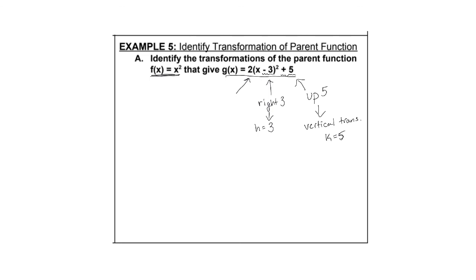So if it's x minus 3, our h is actually positive 3, and we have a horizontal translation of h equals 3, or right 3.